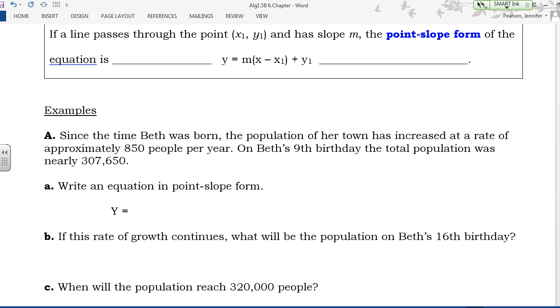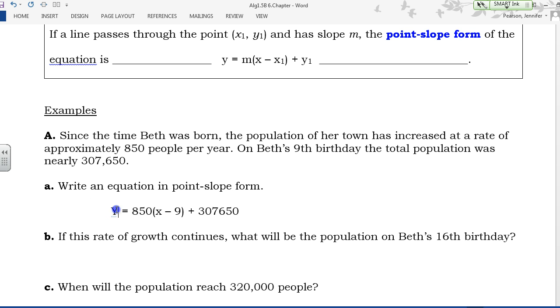Remember, slope is the rate of change, and so this is changing 850 people a year. X minus x1 would be 9 for the 9th birthday, and y1 would be the population, the y-coordinate that corresponds to that x.